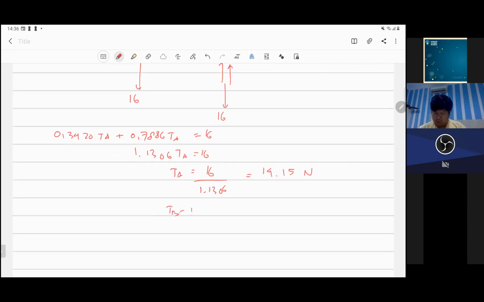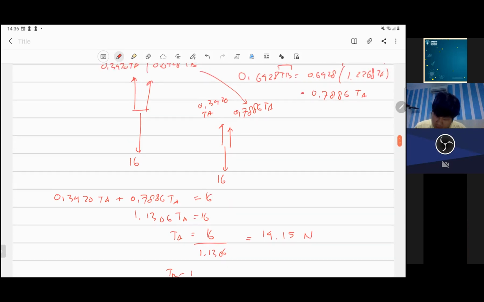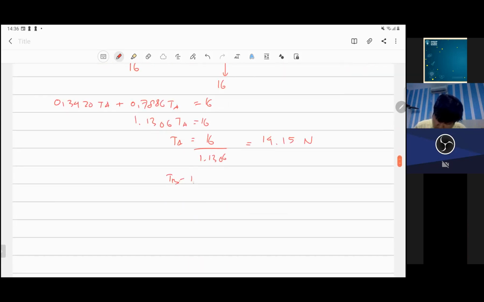TB is 1.2268 TA. So TB is 1.2268 times 14.15 Newton. So it's going to be 17.36 Newton.